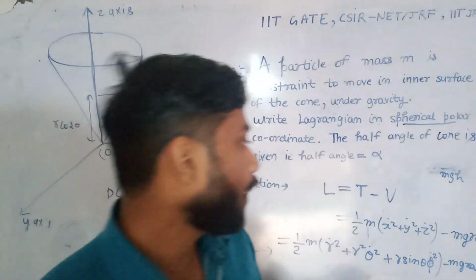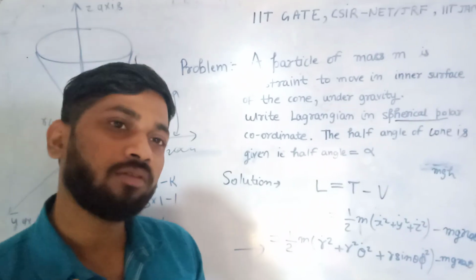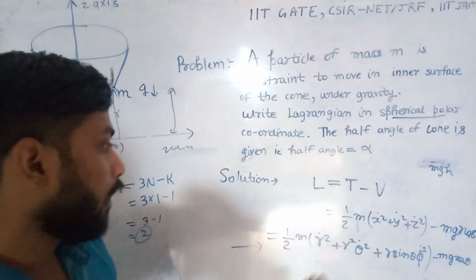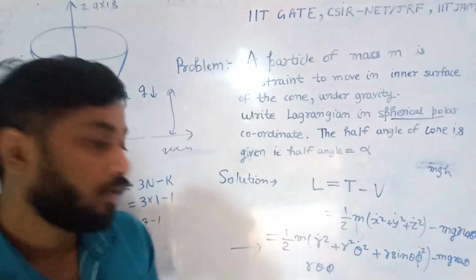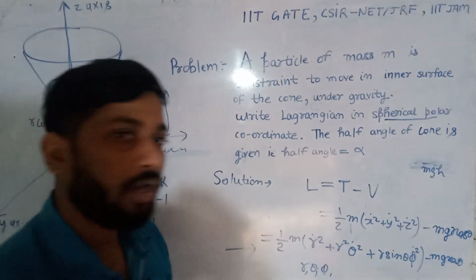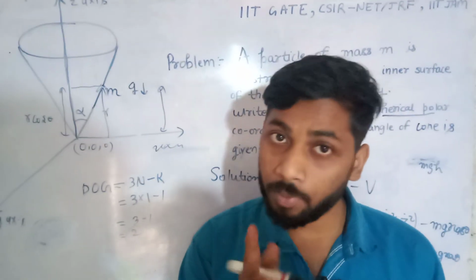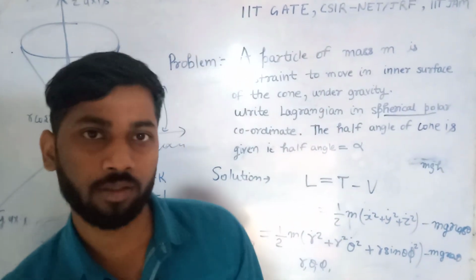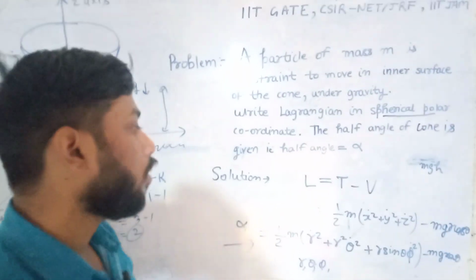But in the Lagrangian I have taken 3 generalized coordinates: r, theta and phi. According to the degree of freedom there should be only 2 generalized coordinates, so this is wrong.